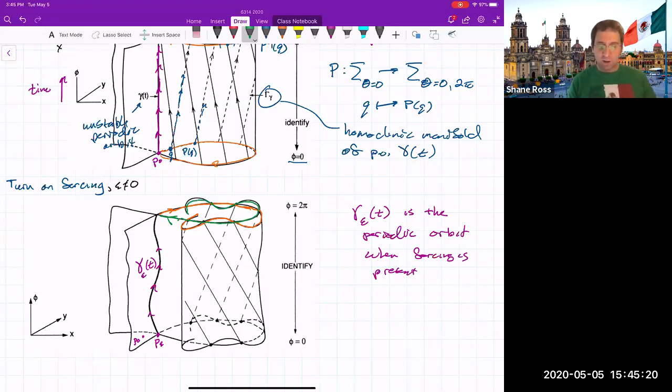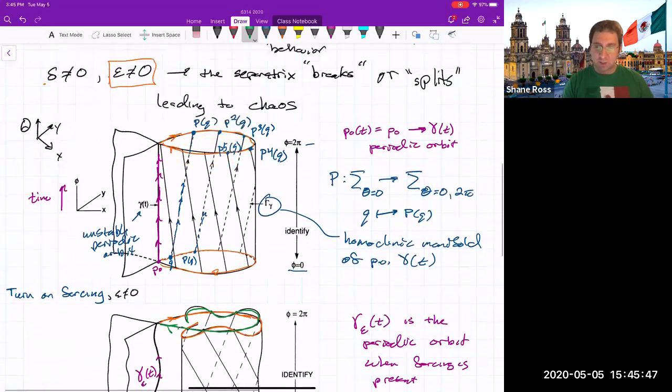And if we were to follow, well, we see that they don't coincide anymore. So the stable manifold of gamma epsilon does not equal the unstable manifold. So we call this the separatrix split. And that's going to have consequences.